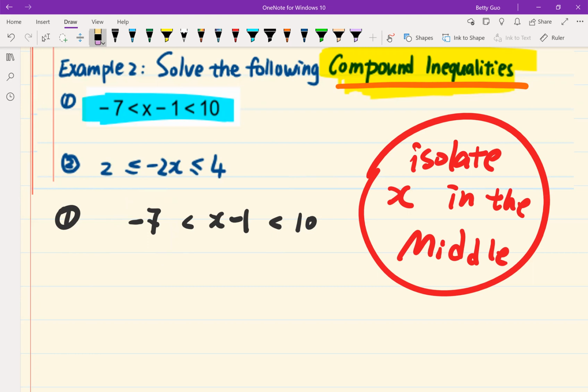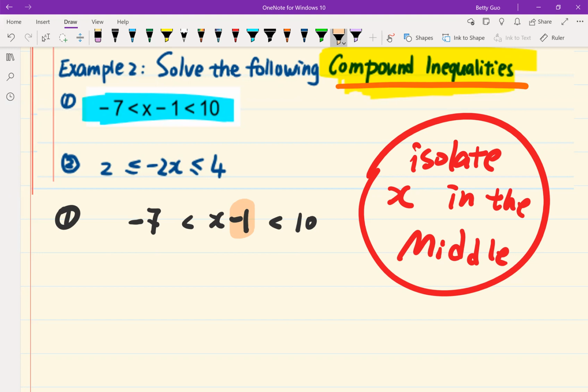Let's see what's in the middle right now. In the middle right now is x minus 1, right? So we have a -1. We don't want a -1 there because we want to isolate x. We want x to be there by itself. So we need to get rid of this part. How do we get rid of this part?